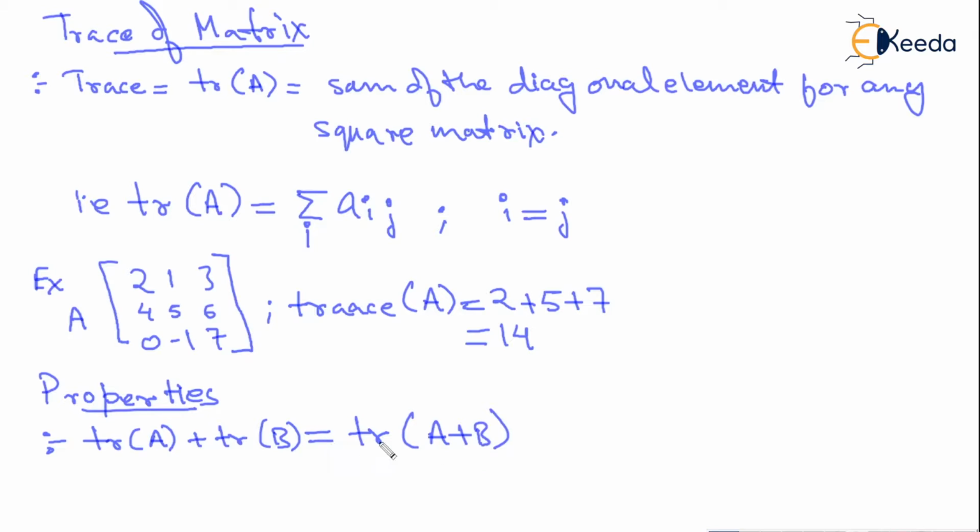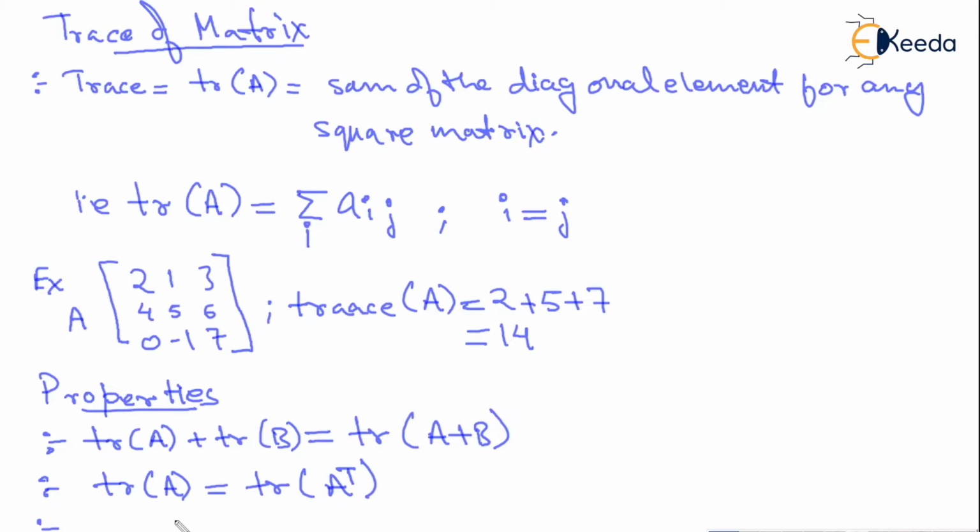Like we are adding the matrices, so their traces will also be added. Next is trace of a matrix is the same as trace of its transpose. We'll see what transpose is right after this topic. So it doesn't matter if the matrix has been transposed, the trace will be the same.